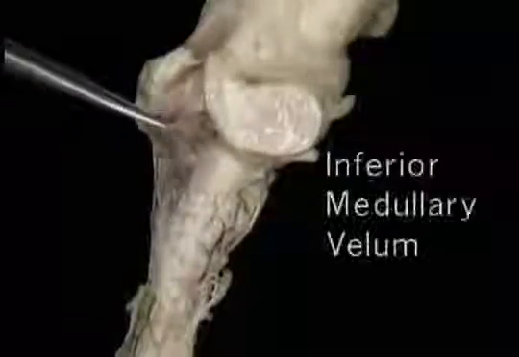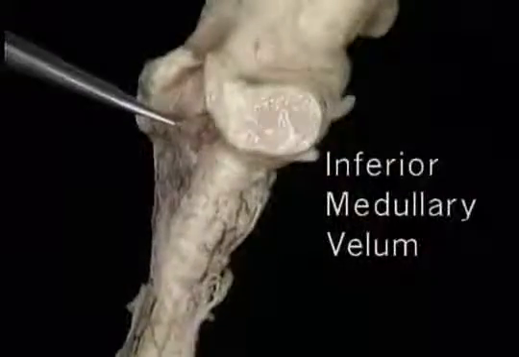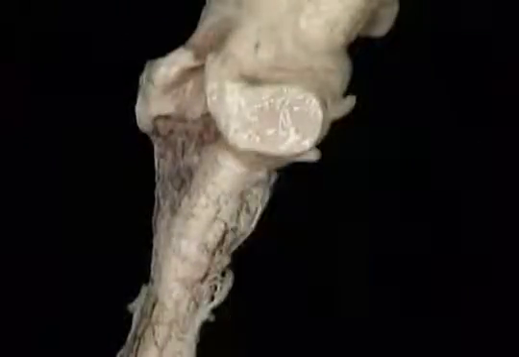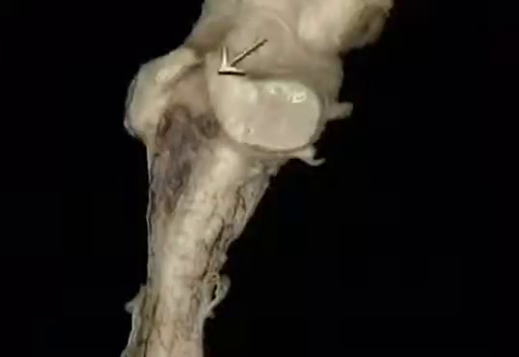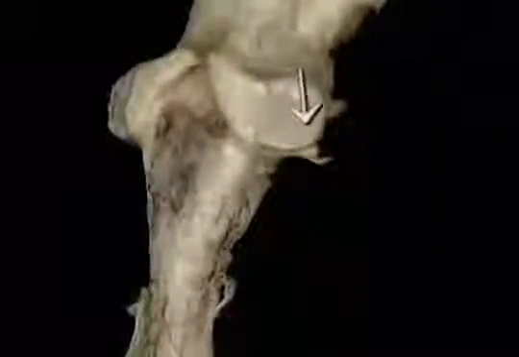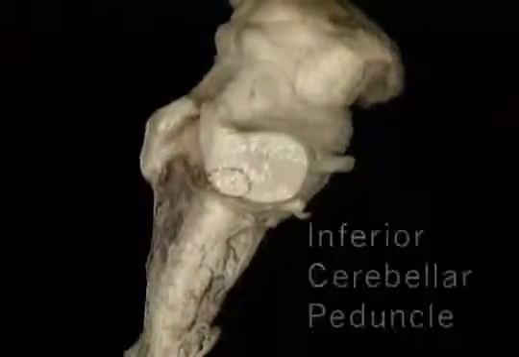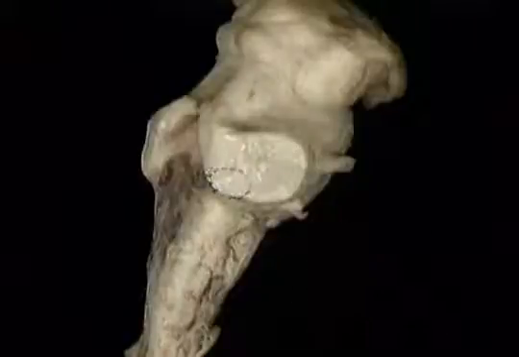This delicate tissue, the inferior medullary velum, forms this part of the roof. This cut surface is the attachment of the cerebellum. It's described as consisting of the superior, middle, and inferior cerebellar peduncles, which are somewhat fused together.